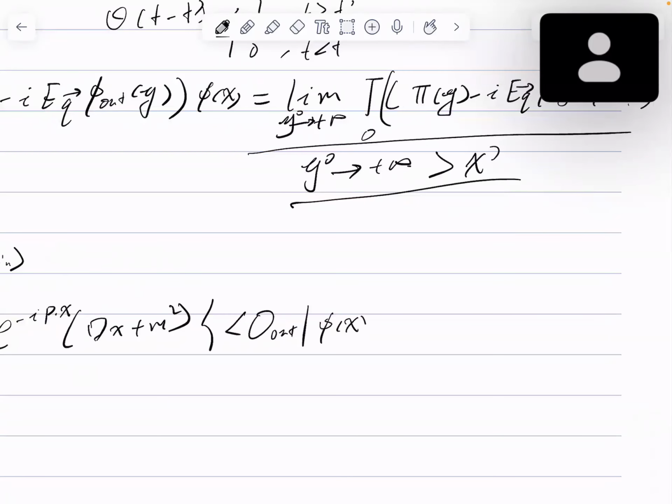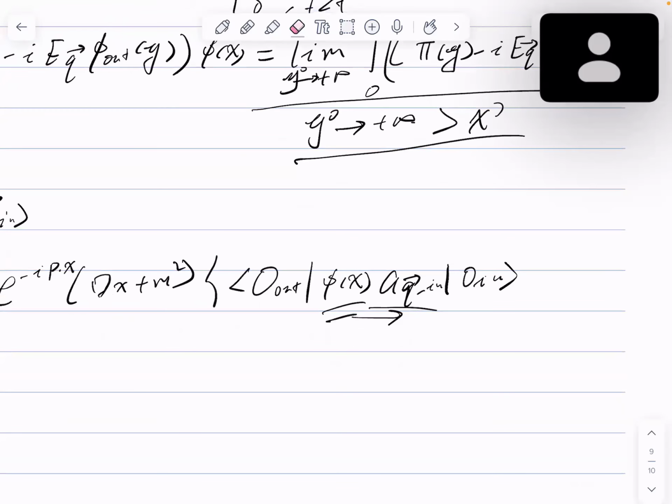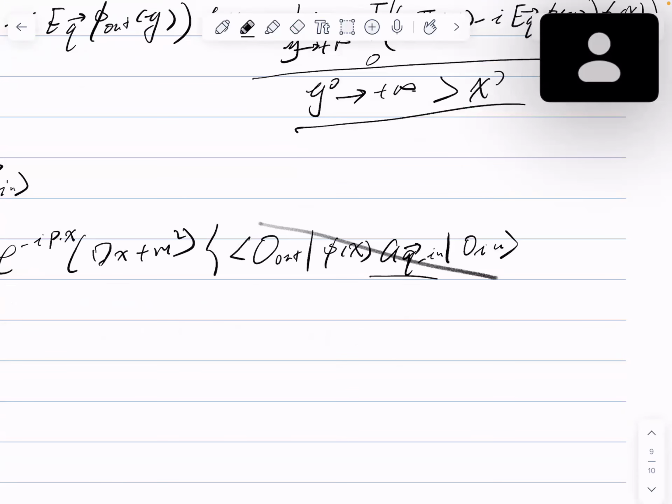Notice that the phi x is located to the left of the a q in, because under the time product, this one obviously has a later time than the second term, the AQ in operator. So under the time product, it just changes the location we want. And this term just vanished.